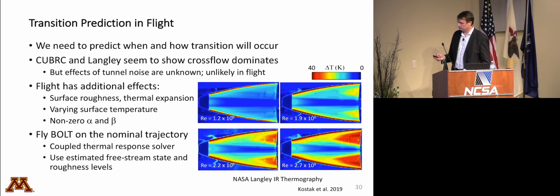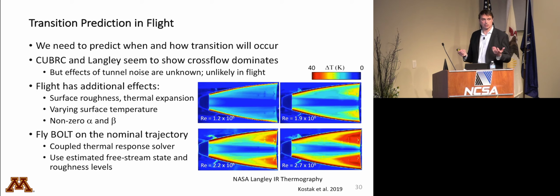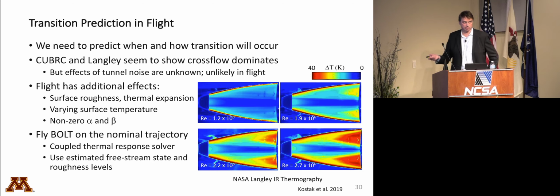I showed you that previous image from Kubrick where there are those 2 lobes of very high temperature. That seems like crossflow dominates. Here's some NASA Langley IR thermography, and you can see they also show, at this higher Reynolds number, which isn't very high actually, this big lobe of high temperature region and thereby presumably transition.